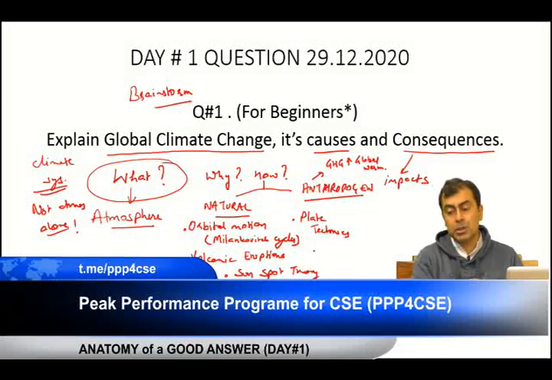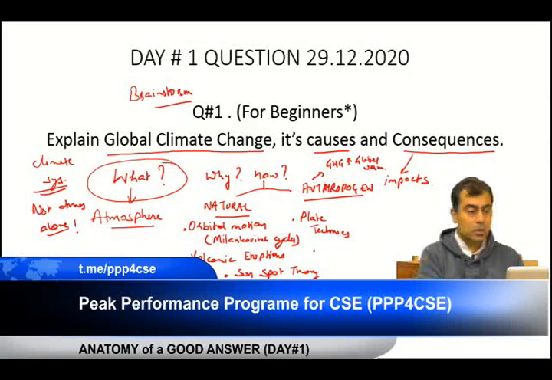Even deforestation and burning wood is causing many things. So these greenhouse gases which are increasing, especially carbon dioxide, is creating a lot of global warming. Other than that, there are gases like methane, gases like nitrous oxide, human created greenhouse gases which are increasing. So that aspect you have to do.